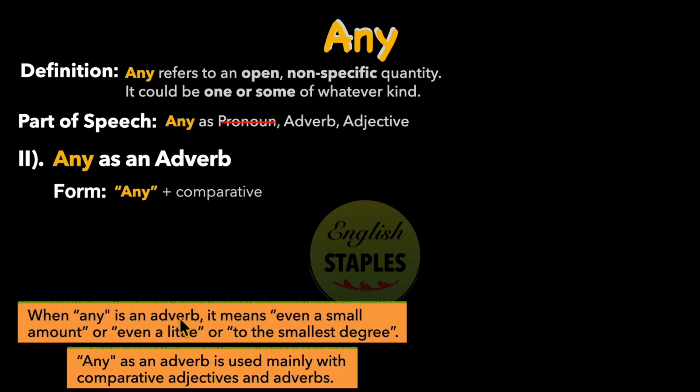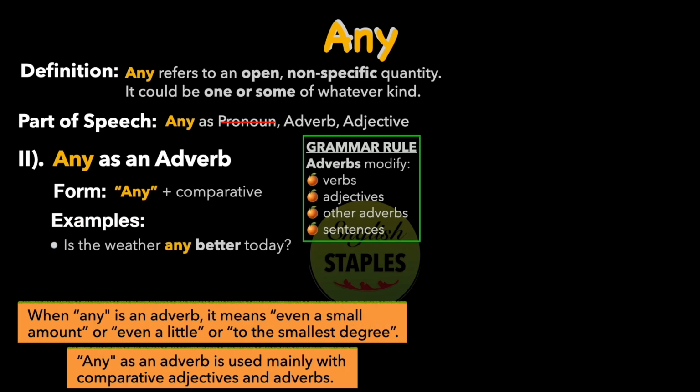When any is an adverb, it means even a small amount or even a little or to the smallest degree. So it depends on the context in which any is used. One of these three meanings will apply.